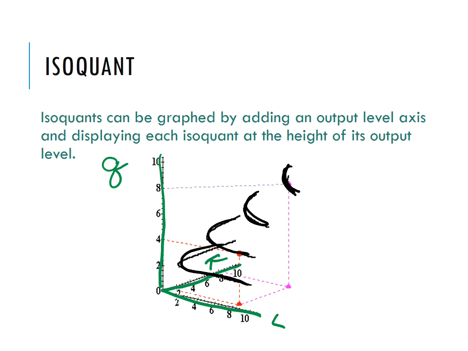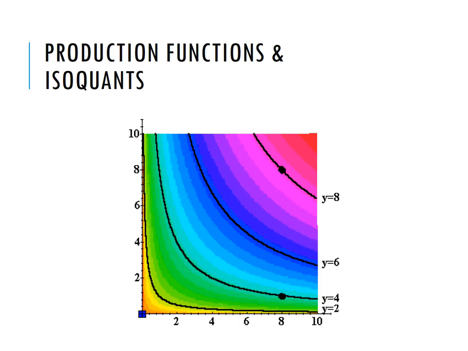But I'm going to work backwards this time. So instead of starting from 3 dimensions, I'm going to start from our 2-dimensional graph. So here we would think of this as capital versus labor. And we have these black isoquants, but really there's an infinite number of isoquants. And so that's why we've shaded in the whole graph. So you can think of rotating this graph back to 3 dimensions, like so.